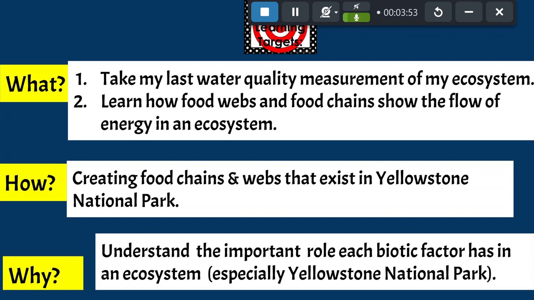So each of the living things in our ecosystem has a role, and if you remember from your vocabulary, that role is called its niche. And we are thinking specifically about the biotic factors in Yellowstone National Park.